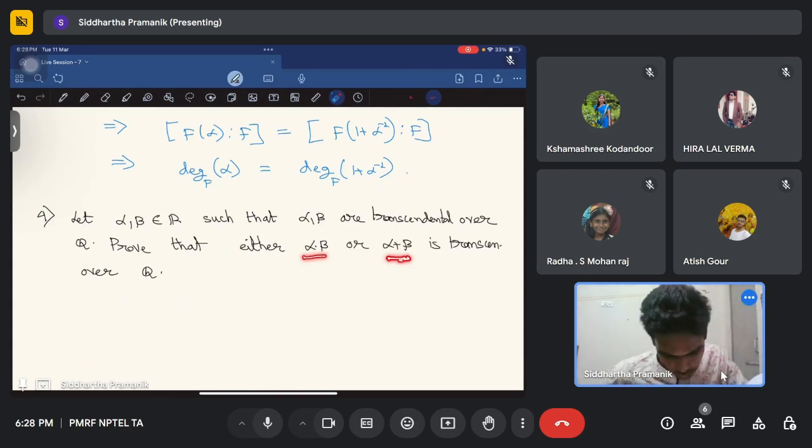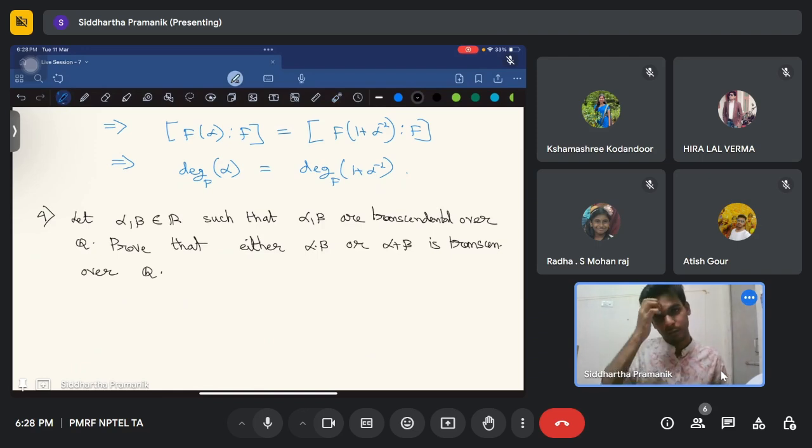Both cannot be simultaneously algebraic. So that is what we have to prove. Can you do it, or do you have some idea how to do it?